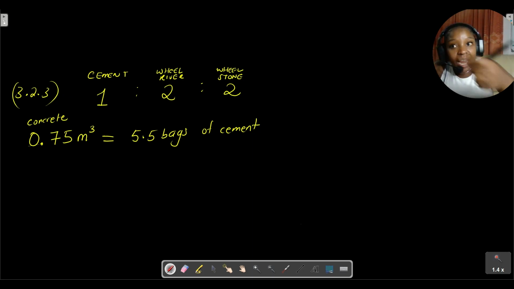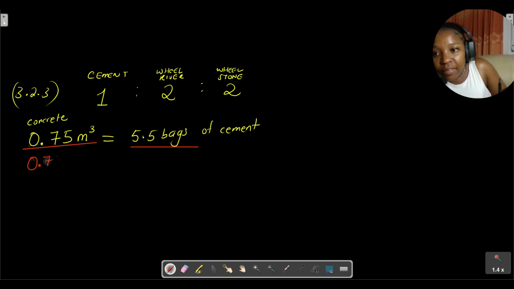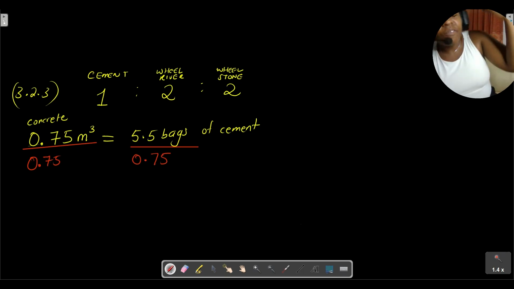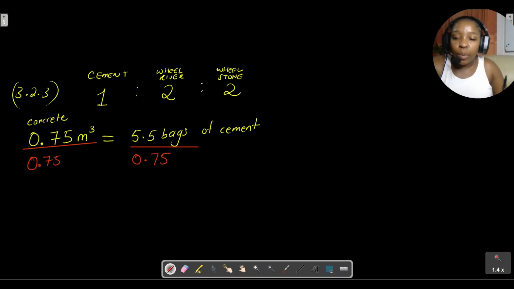To change the 0.75 meters cubed of concrete into 1, you just need to divide by 0.75. What you do on the left, you need to do on the right. When we divide by 0.75, we will get how many bags of cement we need.